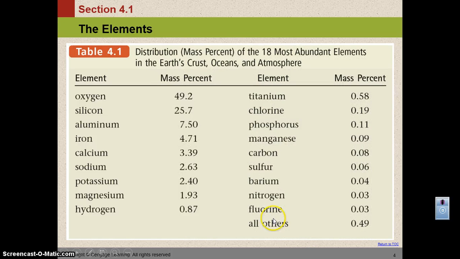This is just a table that's found in your book, and this is the mass percent of the 18 most abundant elements in the Earth's crust, oceans, and atmosphere. I just think this is an interesting table because if you look at it, oxygen's mass percent is 49.2% of our Earth, ocean, and atmosphere by weight. And silicon is the second.